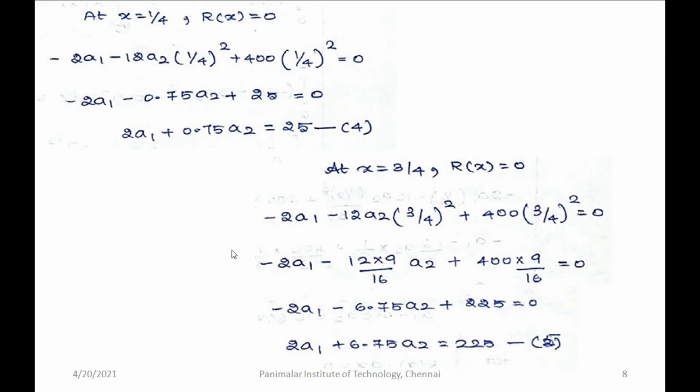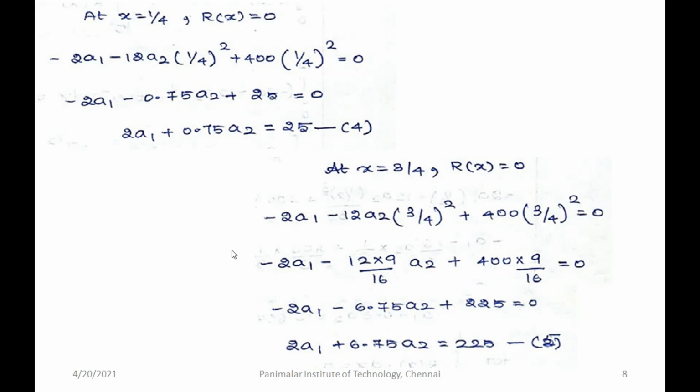In this equation, we have to put x equal to 1 by 4. Wherever x comes, we have to put 1 by 4. After substituting x equal to 1 by 4, we rearrange the terms. Then we will get the first equation, 2a1 plus 0.75a2 is equal to 25. This is the first equation having two unknowns a1 and a2.